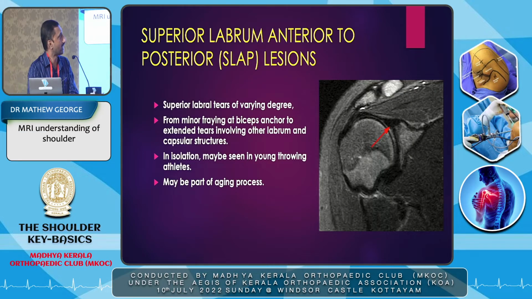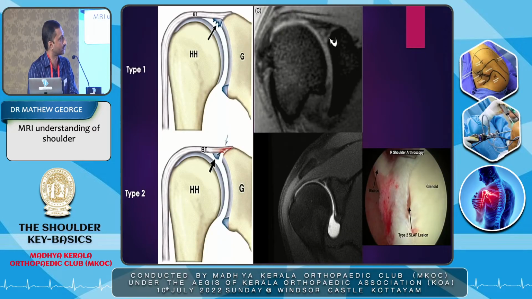Coming to SLAP lesions, the superior labrum tears can vary from minor fraying to major involvement of the other labrum and capsular structures. So that's how the normal triangular structure of the superior labrum is. There's grading from 1 to 10, I'm not going into that. Most commonly you see some fraying, which is type 1, and on MR it's just seen as some signal change.